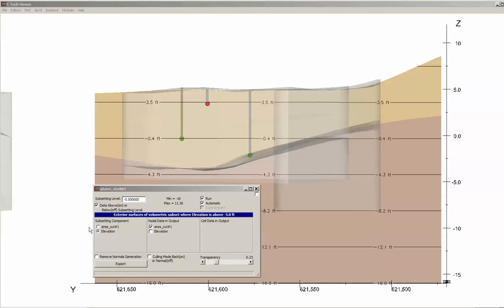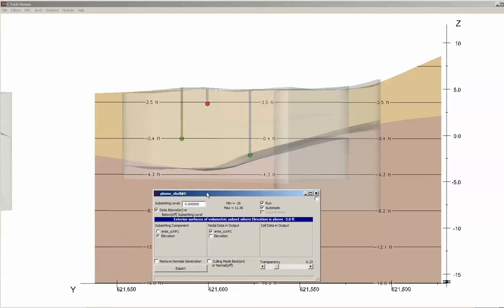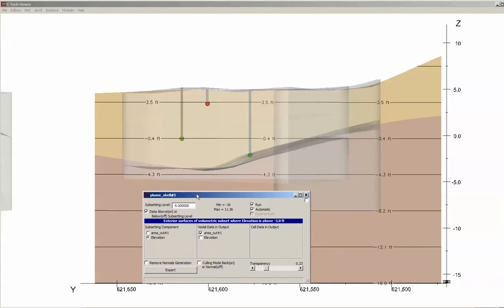I also want to point something else out here. Because of the way I've modeled this, let's say we come back and want to change the subsetting level for how deep this thing is. This parameter is pretty dynamic with the subsetting level.